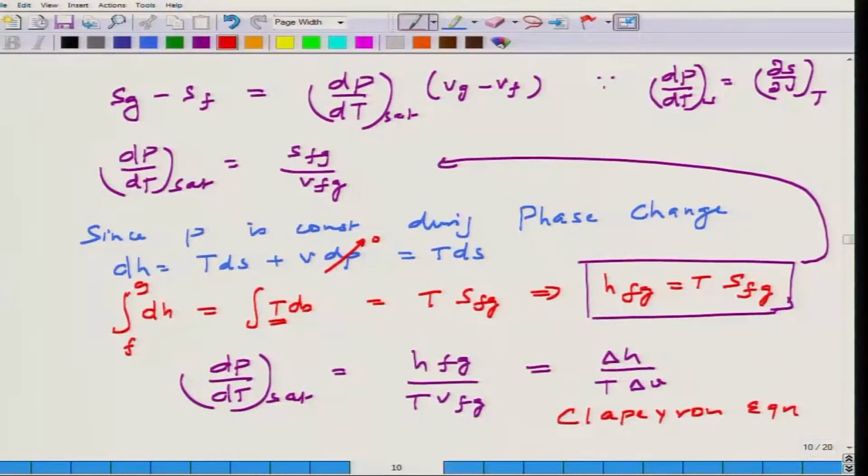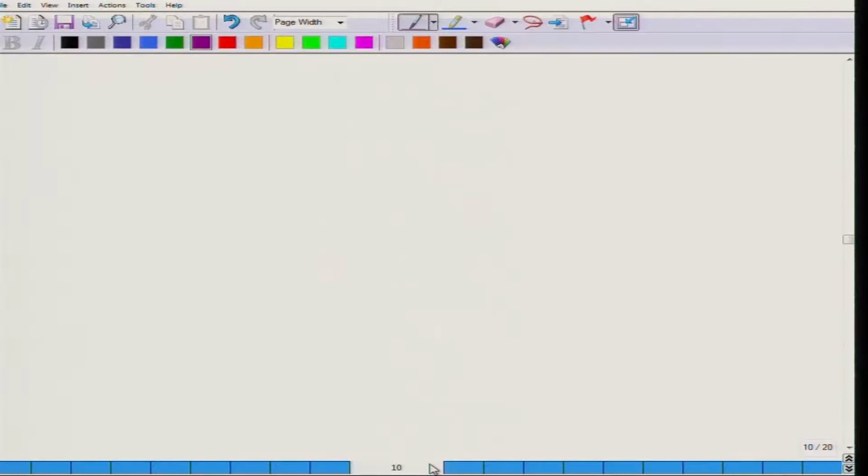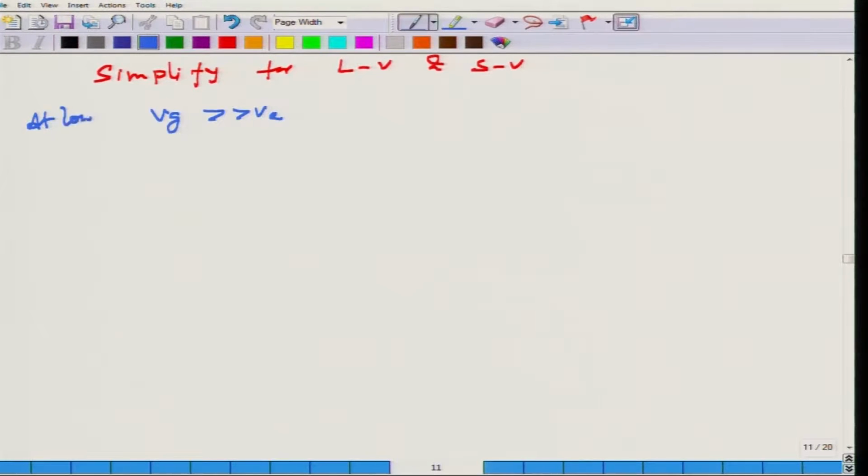Now we can make use of this Clapeyron equation and try to simplify a bit for liquid vapor and solid vapor, where we can consider that the volume of the vapor is substantially large compared to the liquid or the solid. So let me just simplify this expression for liquid vapor and solid vapor. So let's consider Vg much greater than Vl, at low pressure. Just consider the liquid vapor now.